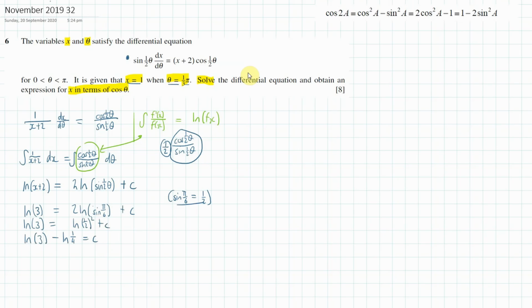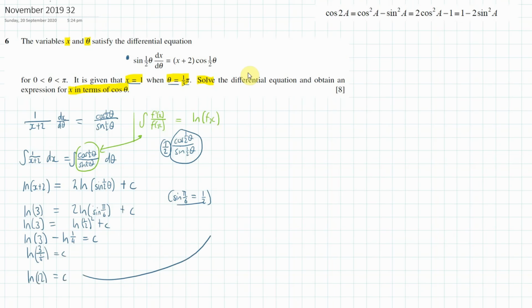Now, using my log rules there, I'm going to have ln 3 over 1/4 equals c. So ln 12 equals c.